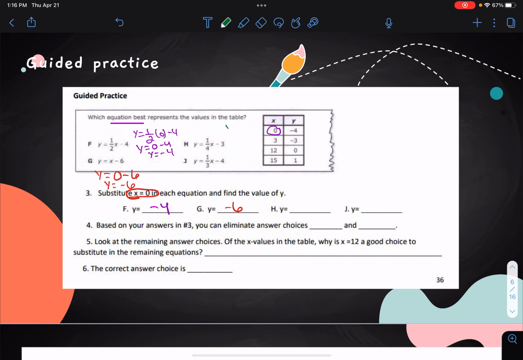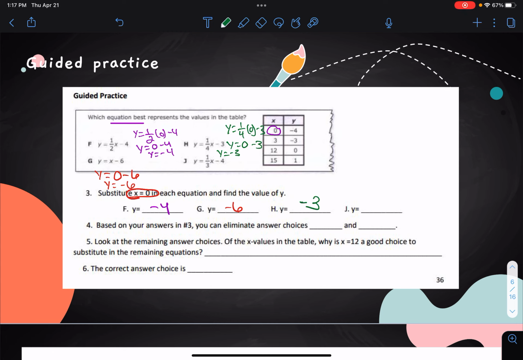So we're going to go ahead and substitute 0 for x again. So 1/4 times 0, again, is 0, minus 3. So 0 minus 3 is y equals -3.